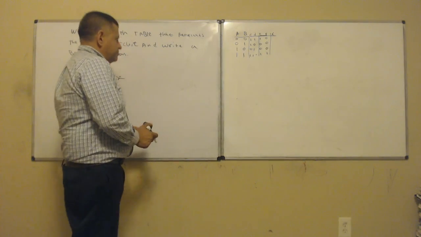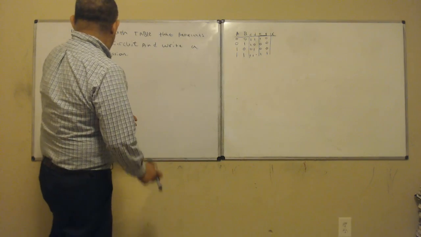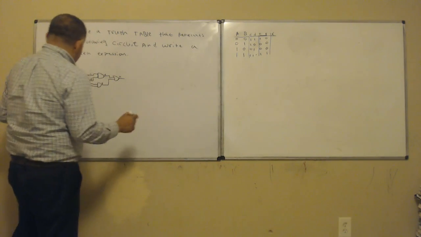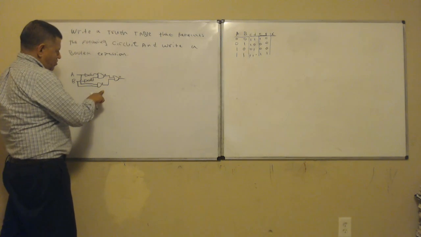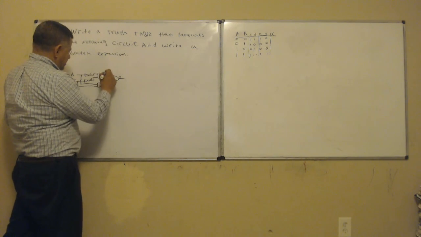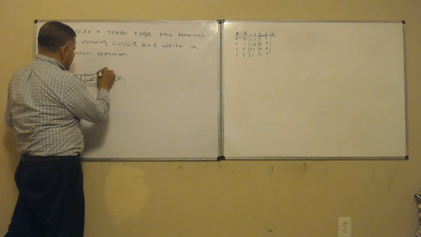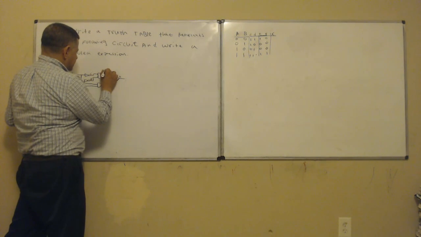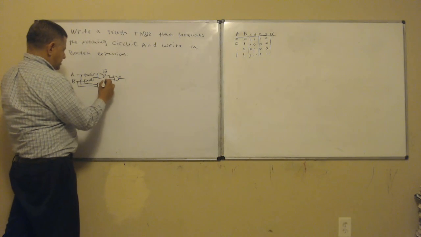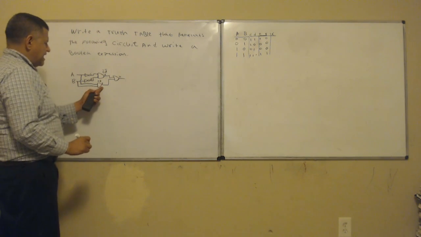Okay, now look over here. So this is not C and not D. This is A and B, coming over here.